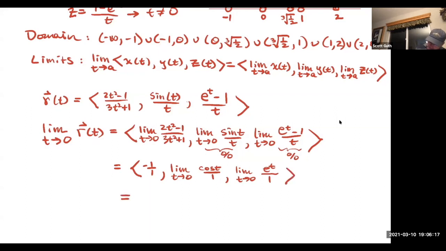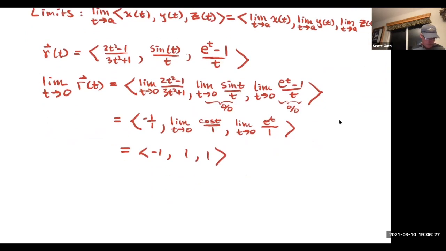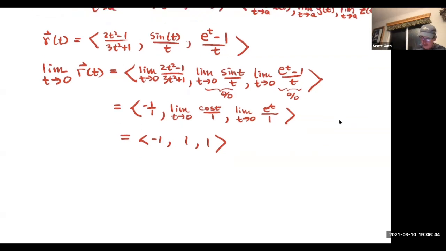Now I think we can just say this is -1, 1, and 1, right? So taking limits on vector functions, yeah, it's a thing. Any questions?